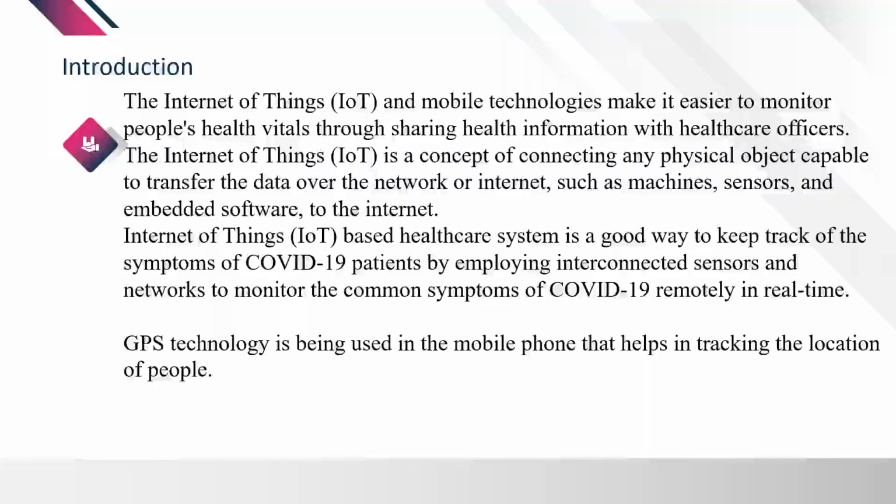The Internet of Things is the concept of connecting any physical object, like a sensor or embedded software, that can transfer data over the network or the internet. GPS technology is also included in our research. GPS is used in a mobile phone and helps in tracking the location of people.